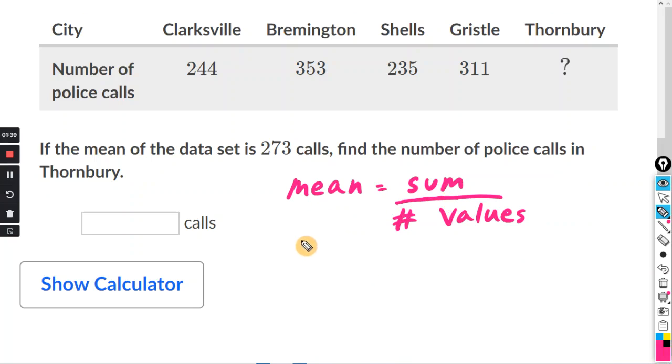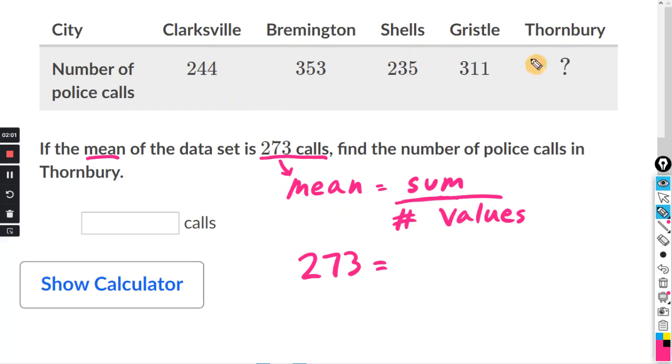In this exercise, they give you the mean, and it says it right here. The mean of the data set is 273 calls. So in place of the mean, I am going to plug in 273, and that equals the sum.